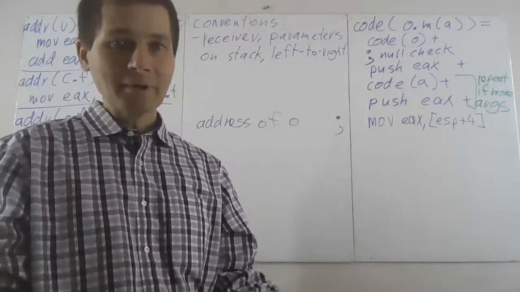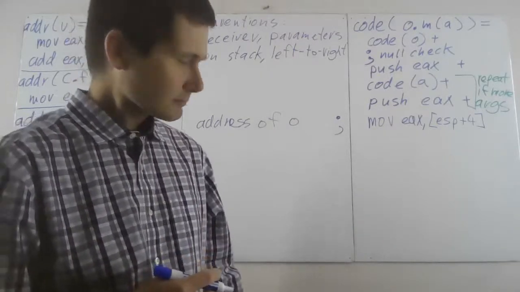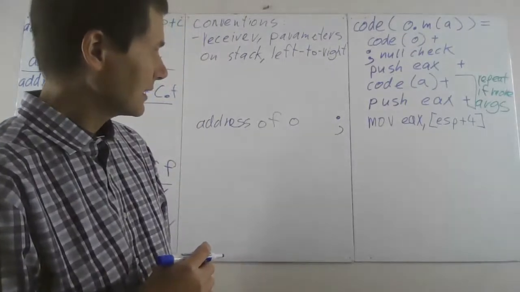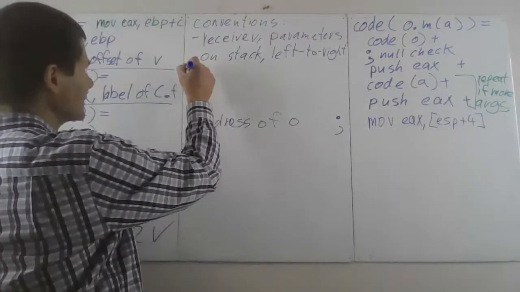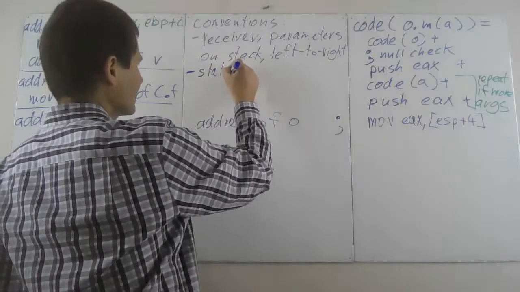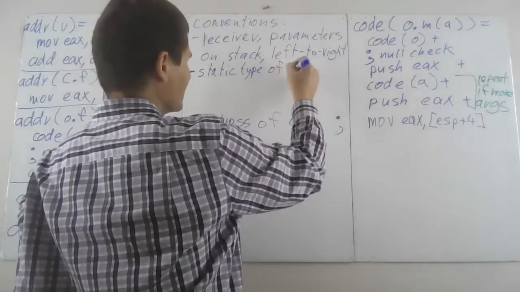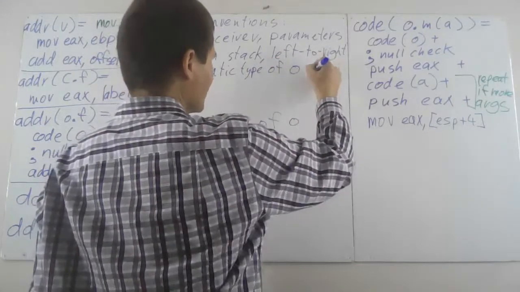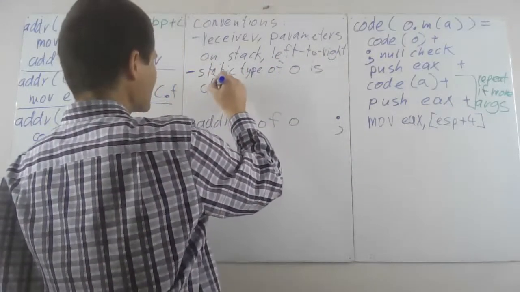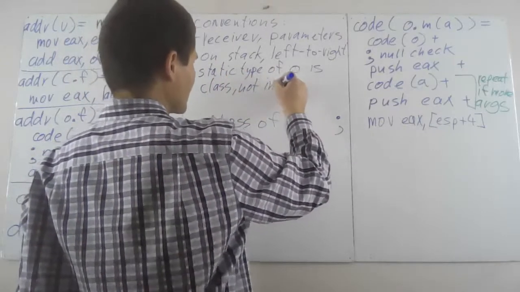And then I'm going to assume the object layout that we have, and I'm also going to assume that the static type of O is a class, not an interface.